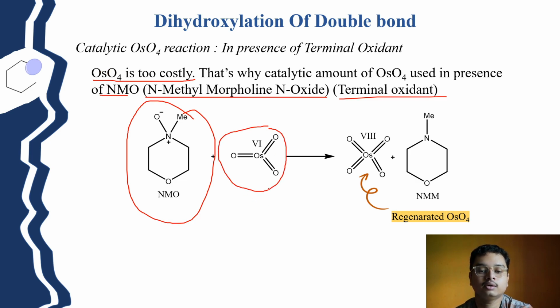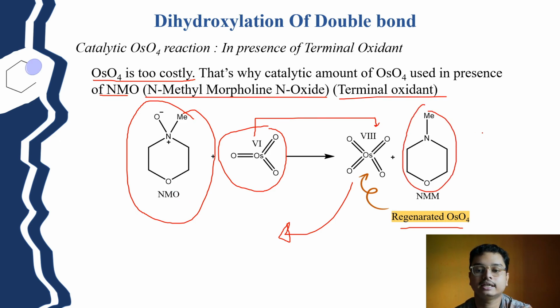Then what happens is that in the presence of NMO, it again oxidizes this particular OsO3 to OsO4, and then this OsO4 again goes through the reaction pathway, and the N-methylmorpholine N-oxide now becomes N-methylmorpholine only.